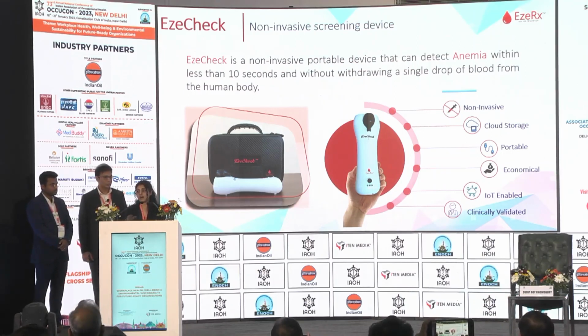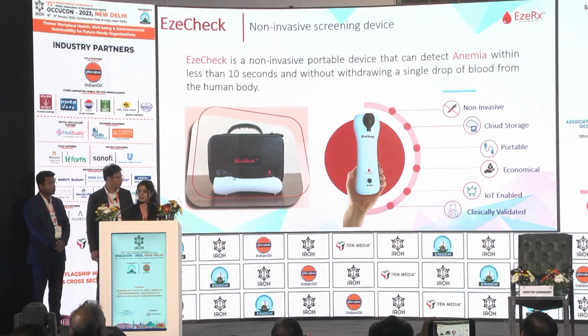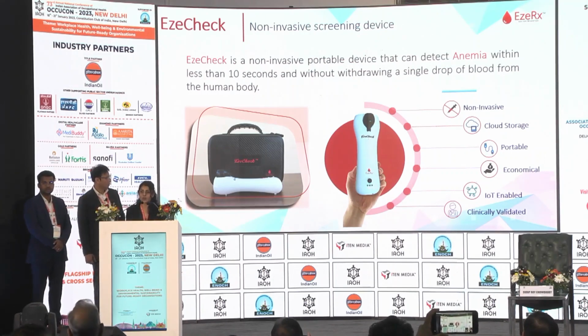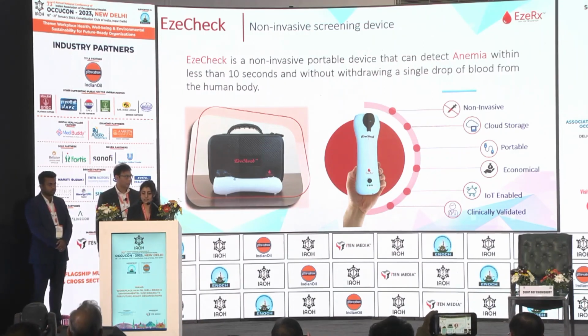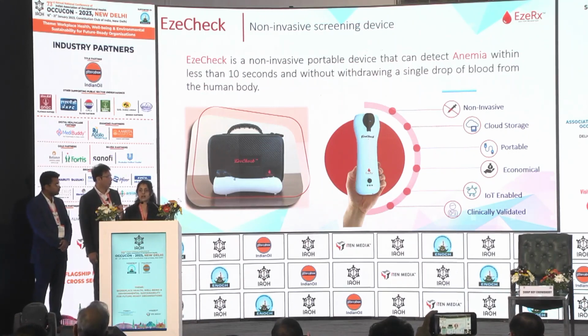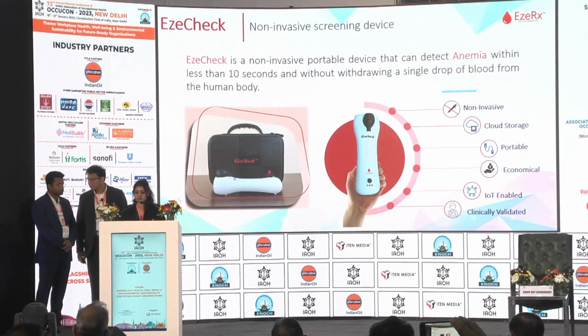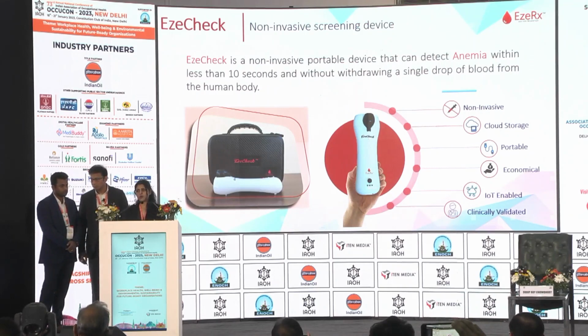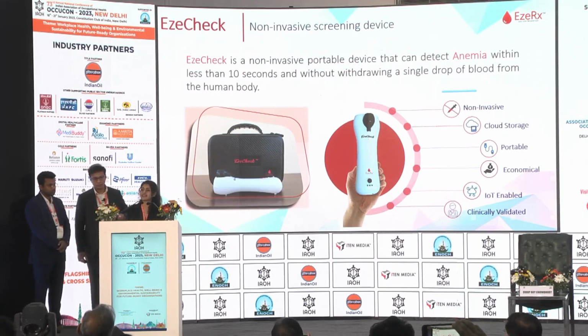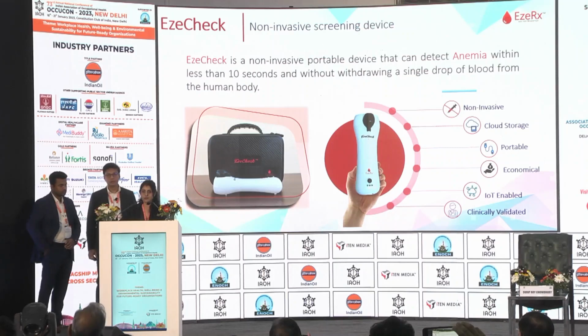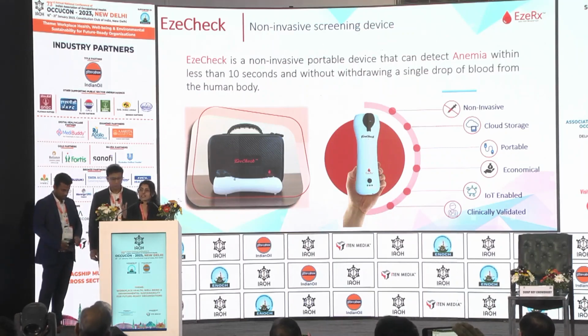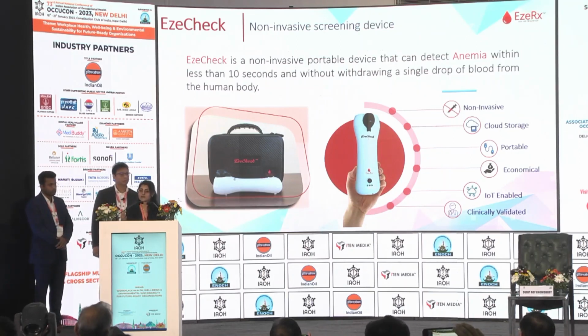So this is where our device, EasyCheck, shines the brightest. It is a non-invasive portable device which can detect hemoglobin without using a single drop of blood from the human body. Apart from this, it is affordable and IoT enabled, which means we can upload our report and use it for online consultations as well. No healthcare professional is required for this, and a semi-skilled person, a layman, a commoner, can use the device easily and get his or her report in just a few seconds.